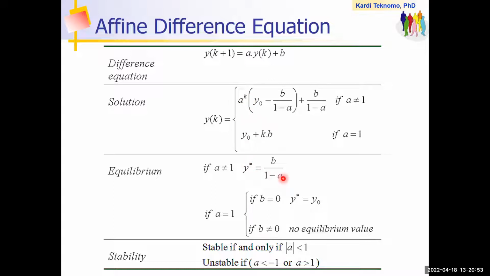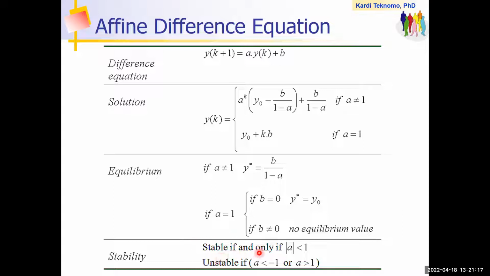The same thing with the equilibrium, that depends on the value of a. If a equals 1, then you check the value of b. If a is not equal to 1, the equilibrium is this value. And then stability.